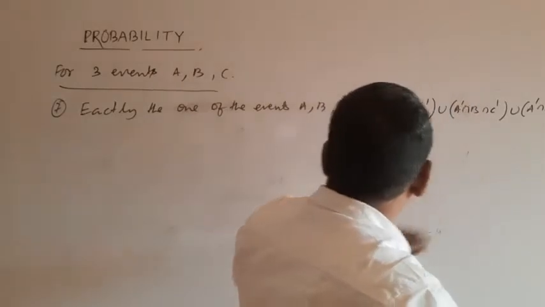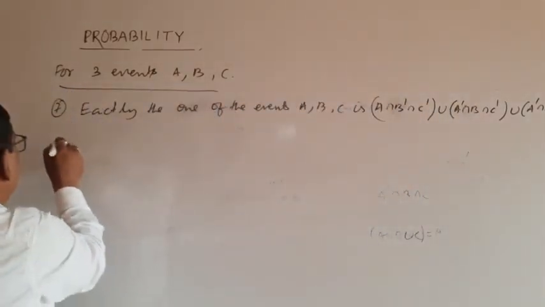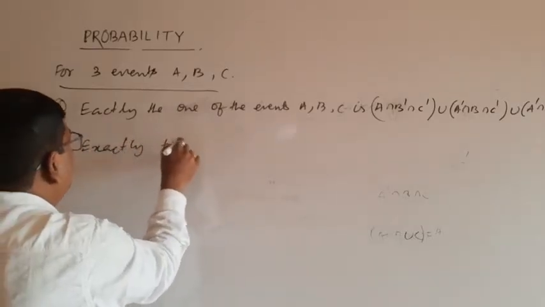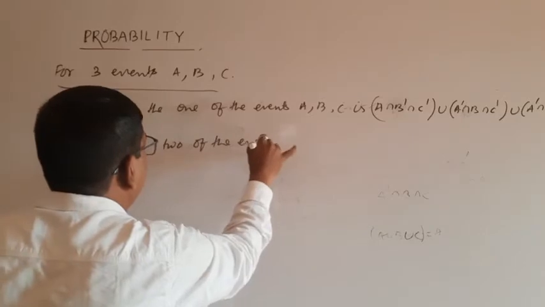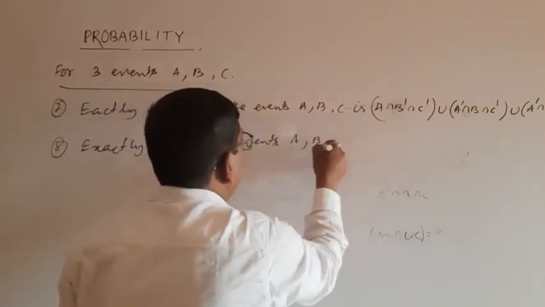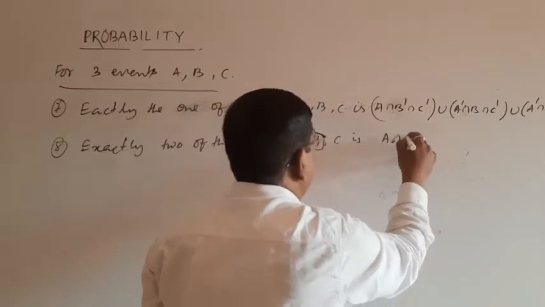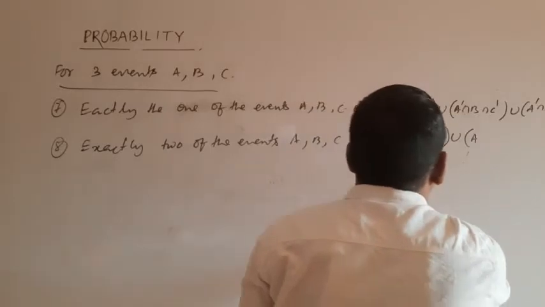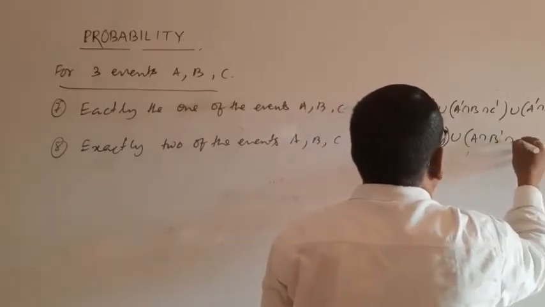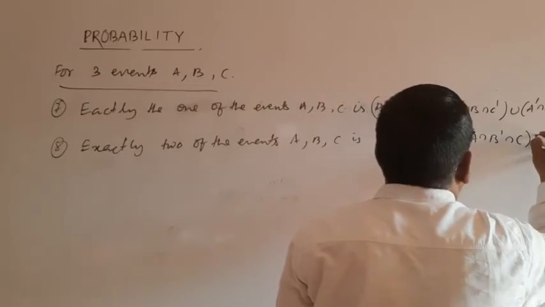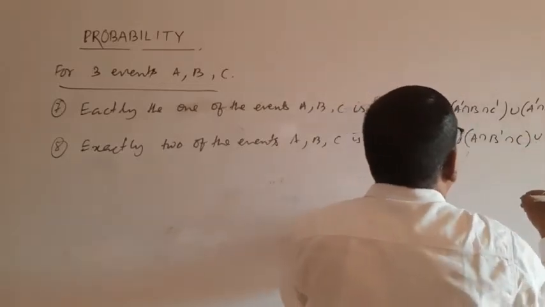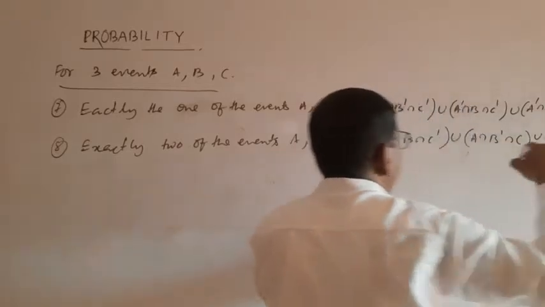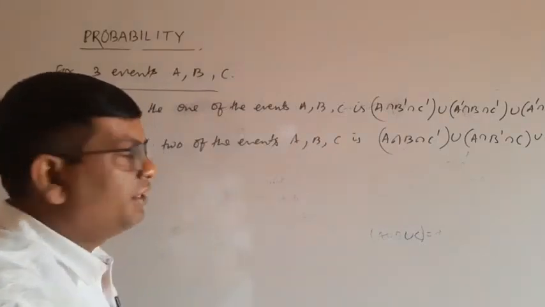Similarly, exactly two of the events for three, that is A, B, C, is A intersection B intersection C dash union A intersection B dash intersection C union A dash intersection B intersection C. This is exactly two of the events.